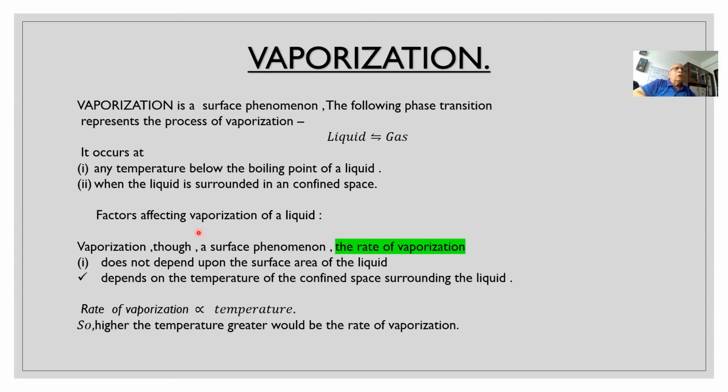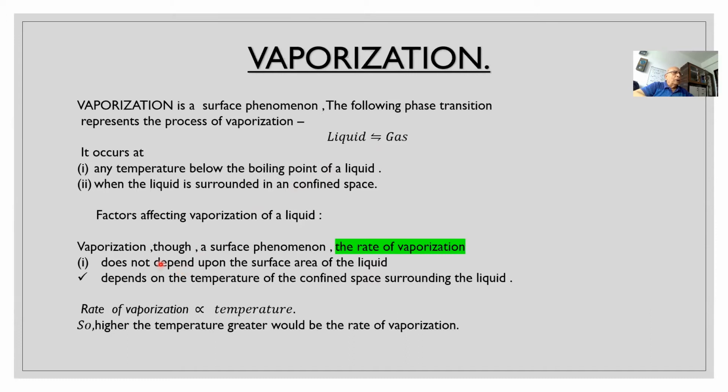But the same liquid, if taken in a container, will also turn into gas easily. But this process is known as vaporization. And both of them occur at a temperature below the boiling point. It may be any temperature.